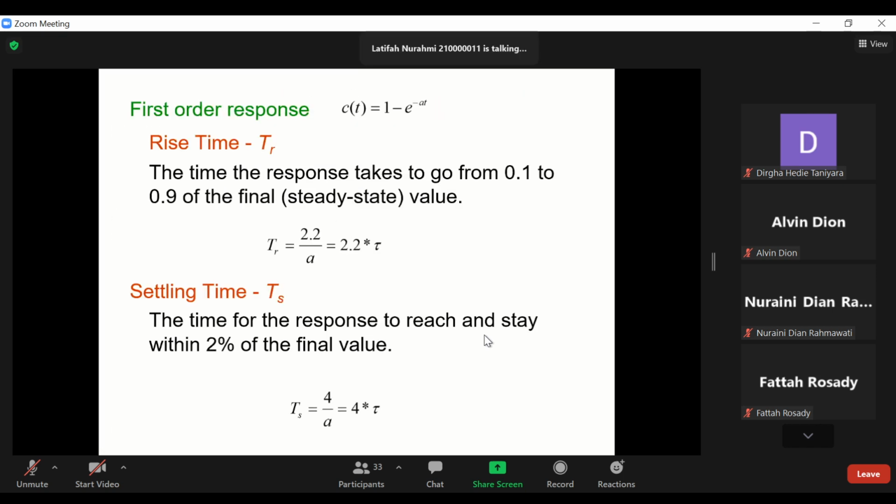So where were we? We were here, finding the rise time and also finding the settling time for the first order system.